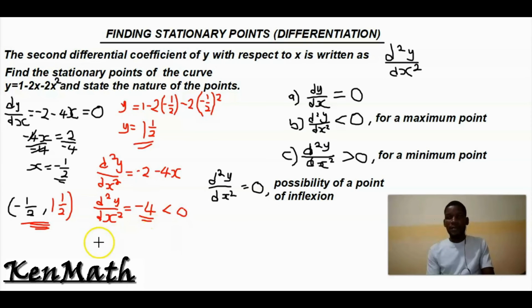So it is less than 0, meaning that the point, negative 1 over 2, 1.5, is a maximum.